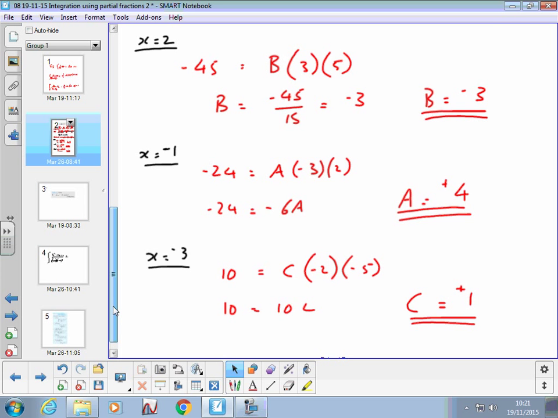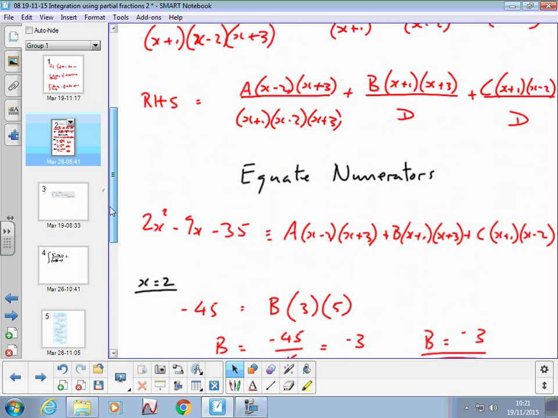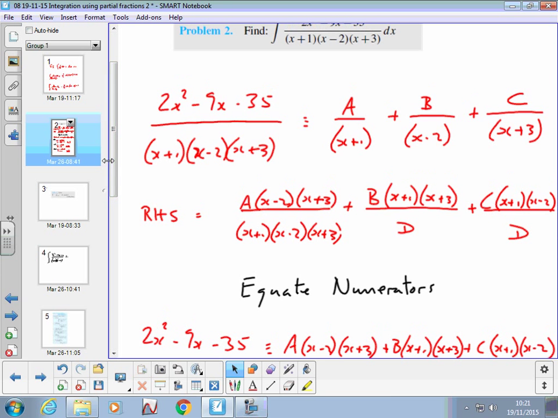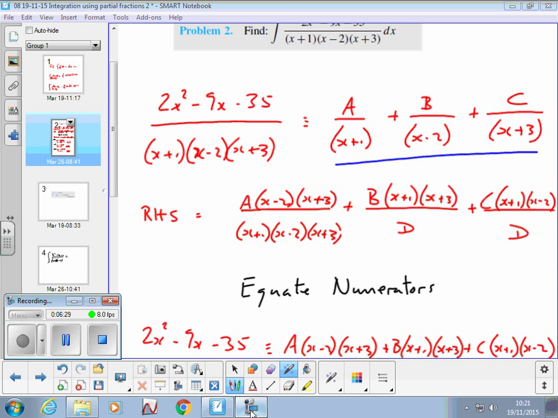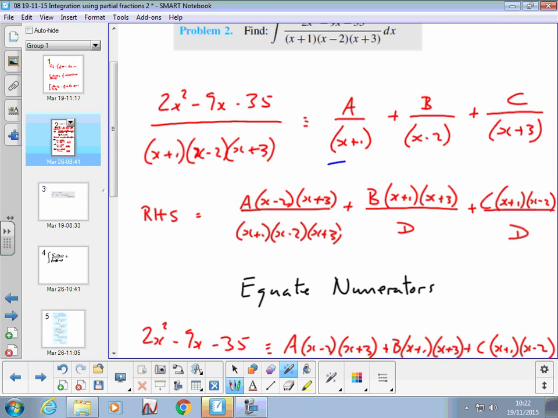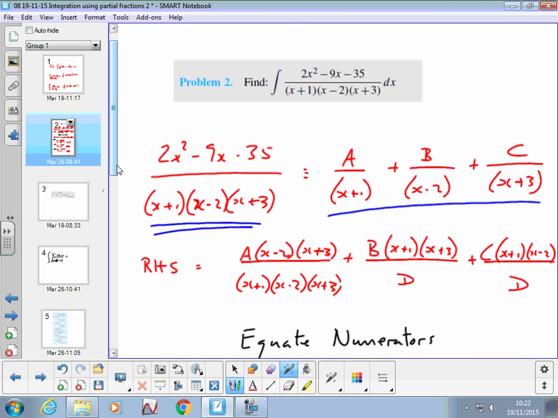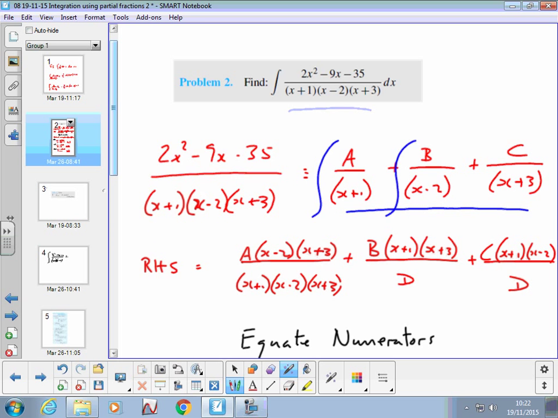So now we've got our values for a, b and c, we can plug them back into the original function, which is this one here. Remember that we're supposed to integrate this, so we can replace that with that. And that's just 3 separate integrals that we can then use that standard integral that we mentioned earlier to write down the answer.